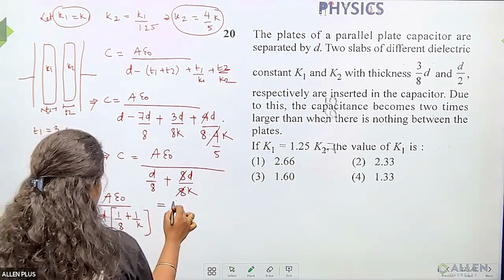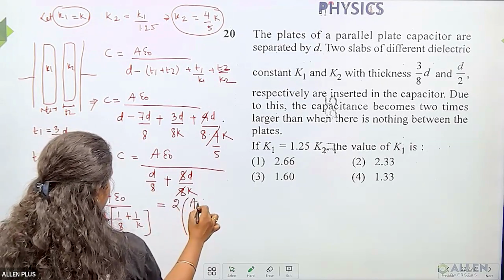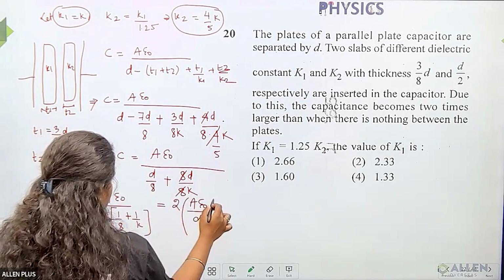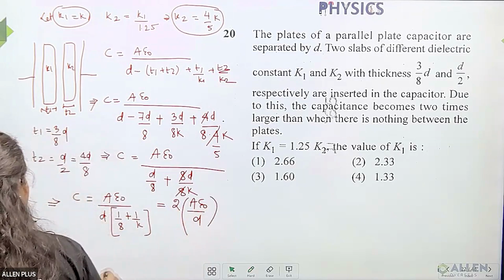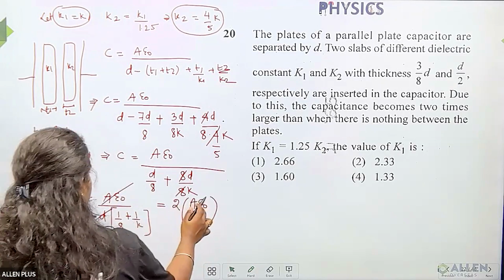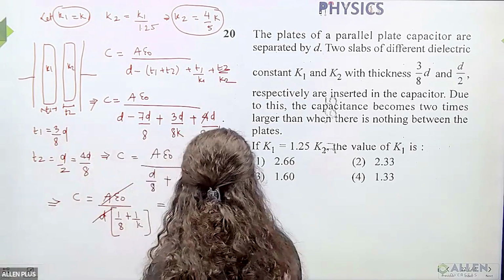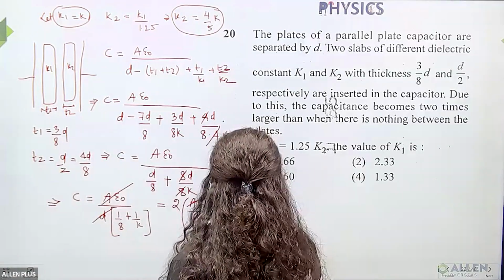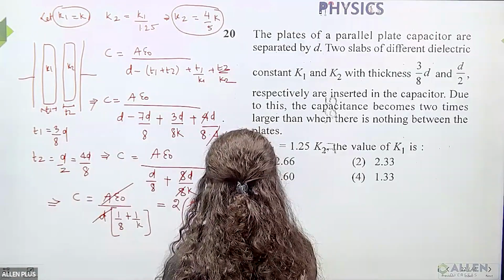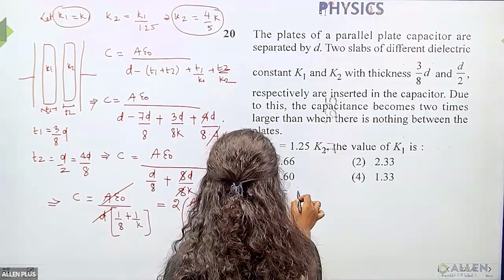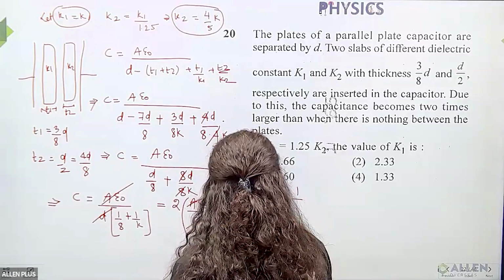According to the question, this value is equal to 2 times the air capacitor value. So A epsilon naught by D goes off. This will give you 1 divided by (1 by 8 plus 1 by K) is equal to 2.